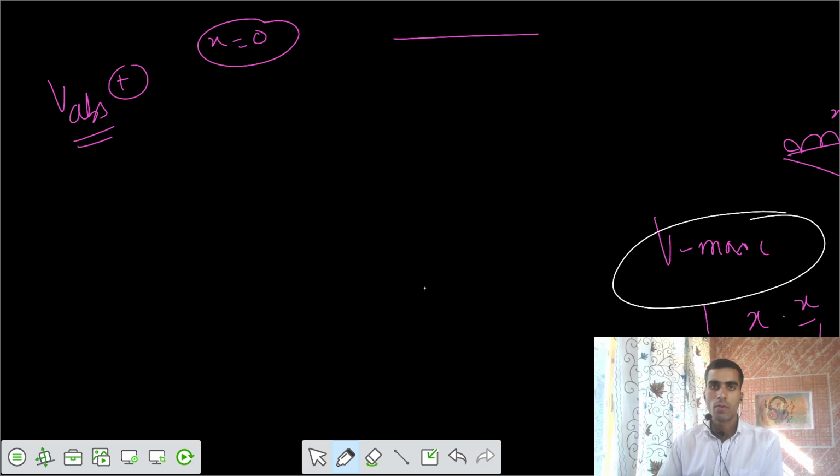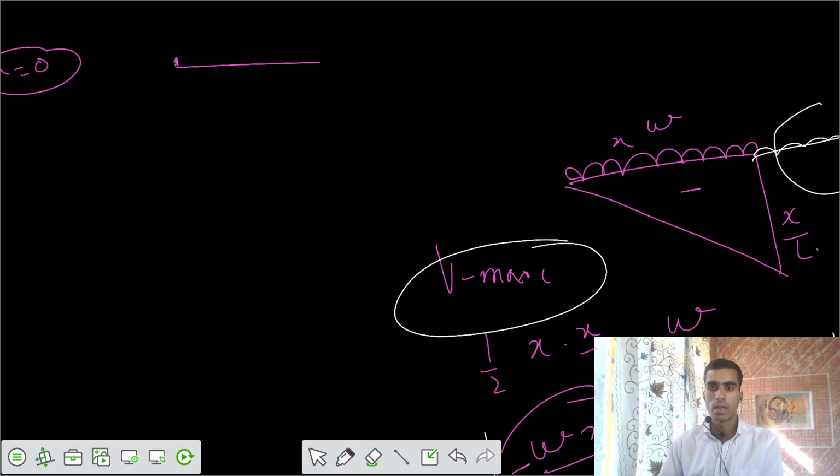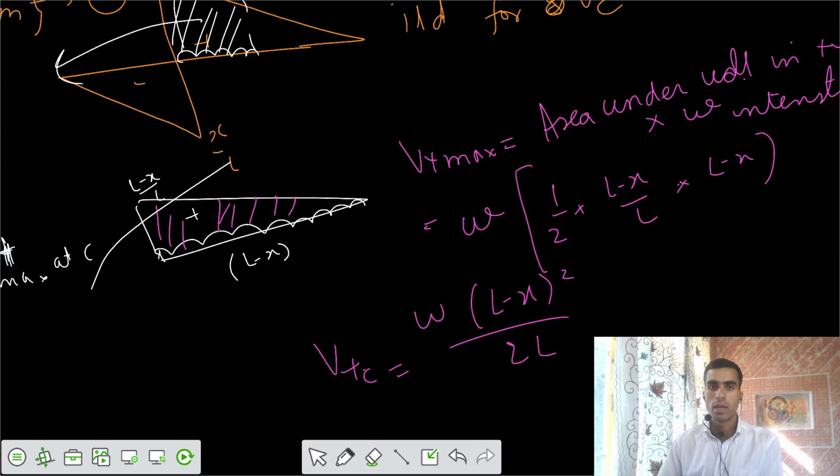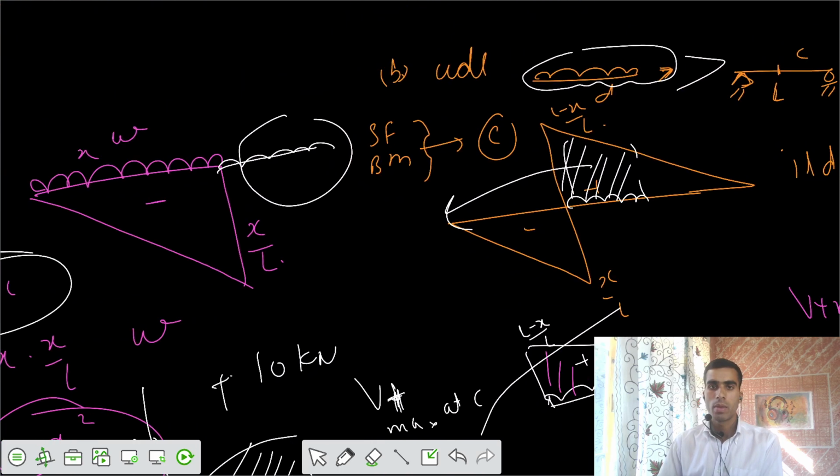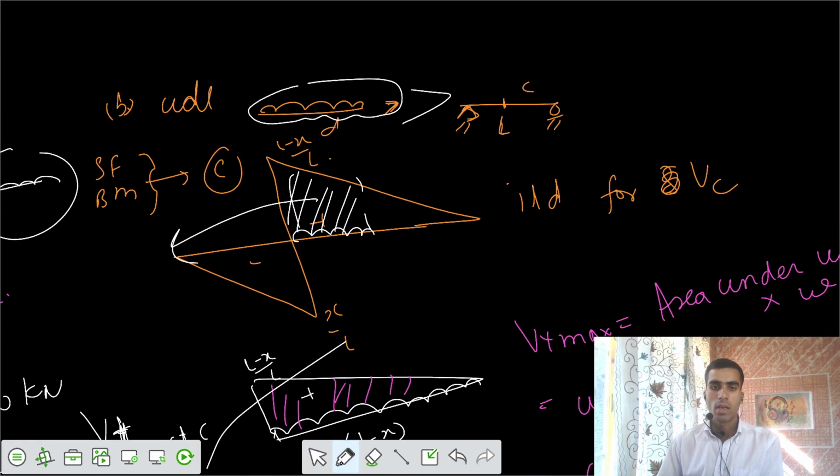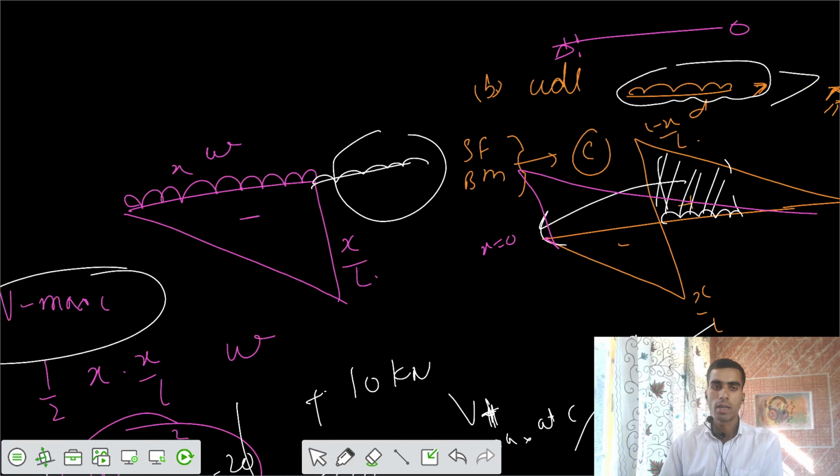That means the section is at the support itself, the reaction at A. In this one I can show where the beam is. So the beam is somewhere here. If I keep the value of x such that the section is at the support itself, the diagram would be in this fashion, the ILD for SFD.